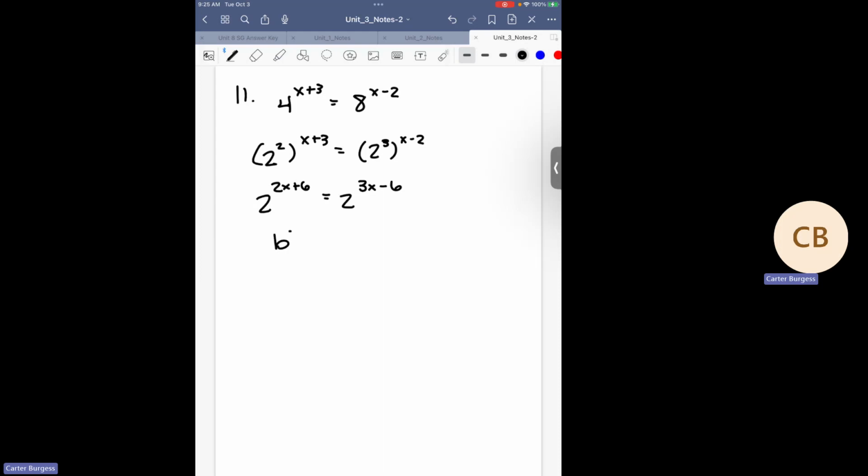B to a power equal to b to a power tells me that my powers must be equal. We can drop the bases, set these powers equal to each other. 2x plus 6 should equal 3x minus 6. And I get that x should equal 12.